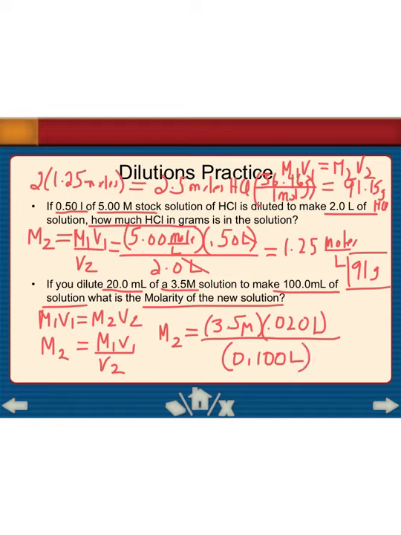If you go ahead and cancel the units, you will come out with a value of 0.70 molar or moles per liter, and that would be of something unknown. We don't actually know what we have here. Very interesting. Okay, so those are some good examples of dilution calculations that you might see on an upcoming test.